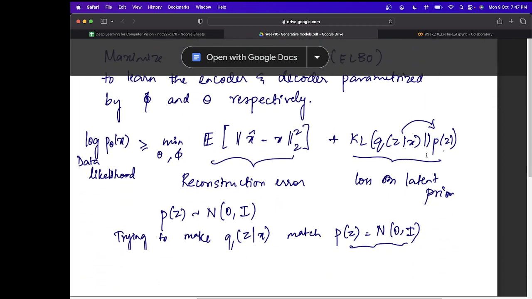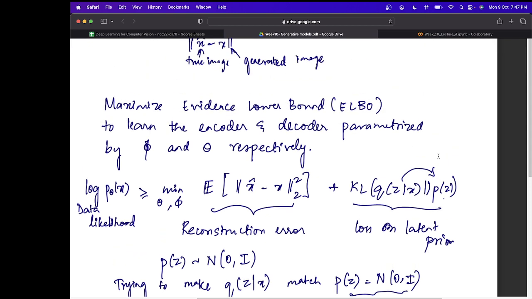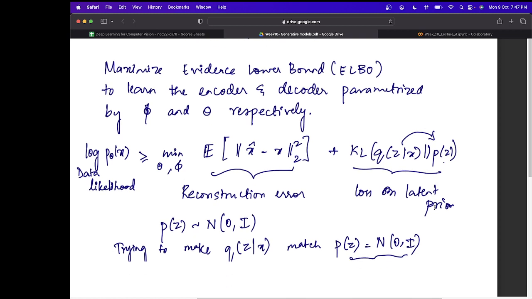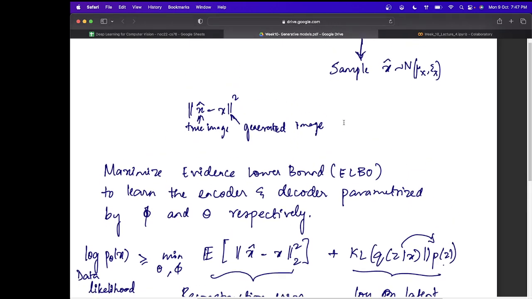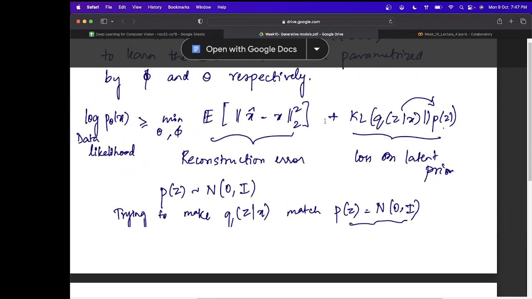So Z has a prior distribution attached to it. Again, like I said, with a limited amount of samples, finding the true distribution of Z is not trivial at all. So we assume a Gaussian prior on the Z, right? And we want this Q of Z given X to be as close to that Gaussian prior as possible.